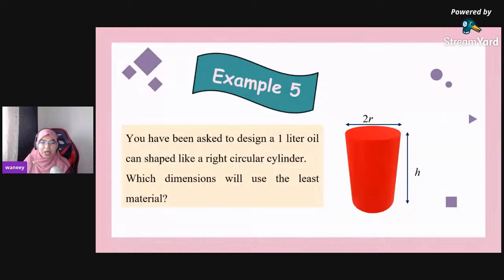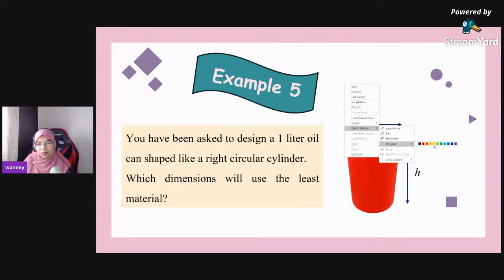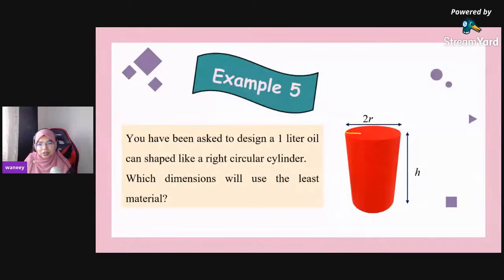Right, so if we have a cylinder, let me change the color, otherwise we cannot see. Okay, so if we have a cylinder, then if this is the center, this is R, this is also R. So that means this is 2R and the height will be equal to H, the height H.